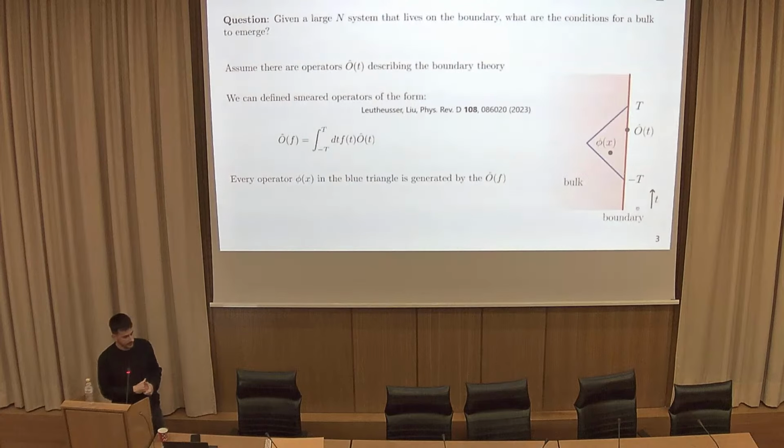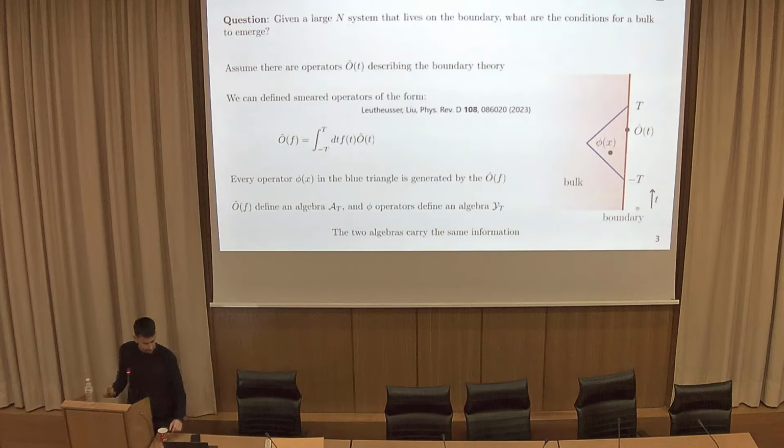Then we can generate all the operators in the bulk, if there's duality, of course. We can generate all the phi of x operators living in the bulk in that causal wedge, in that triangle we drew based on causality arguments, out of these O of f operators.